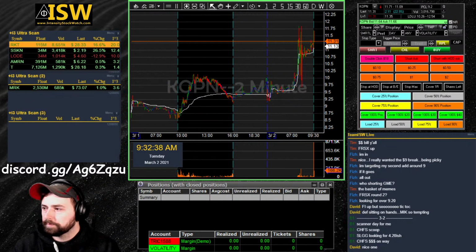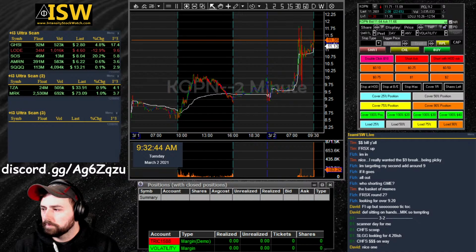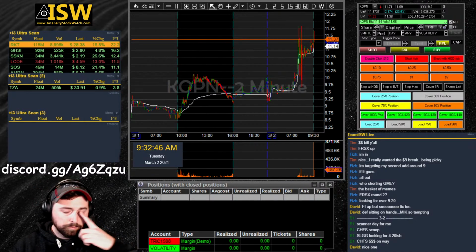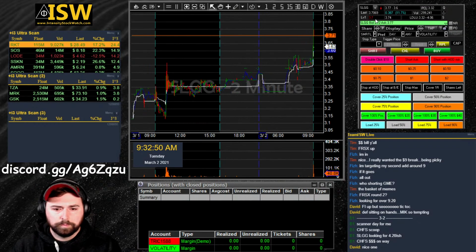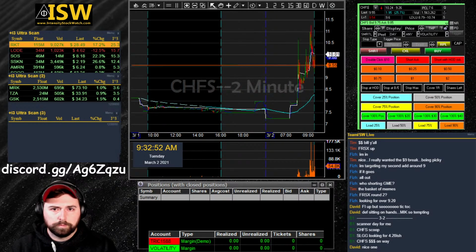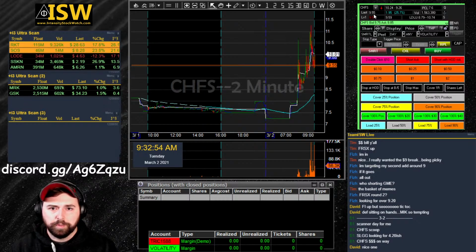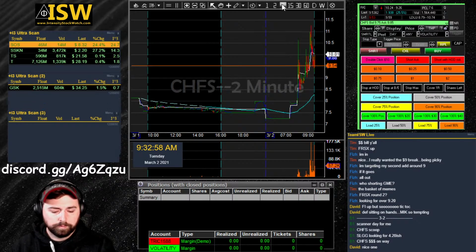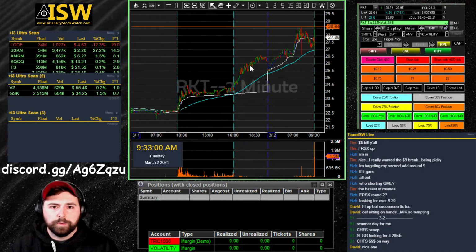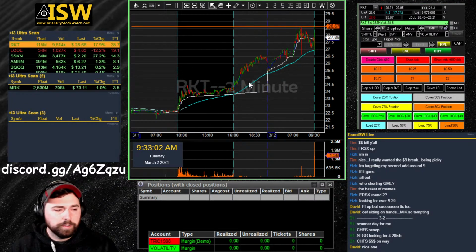I didn't even realize that. Well. It's a 3 mil float. Oh, is it really that low? That's what it says for me. Rocket's getting ready to try to go.